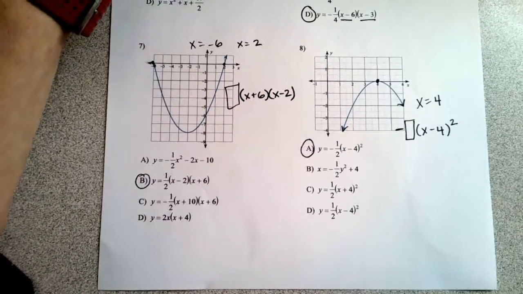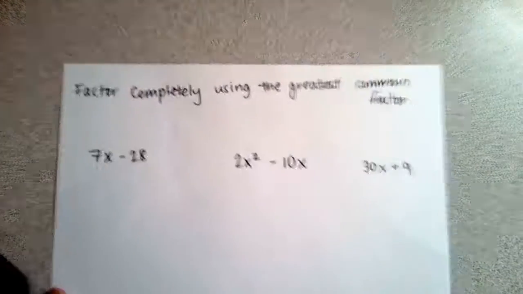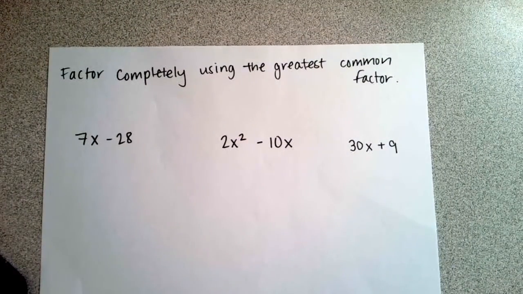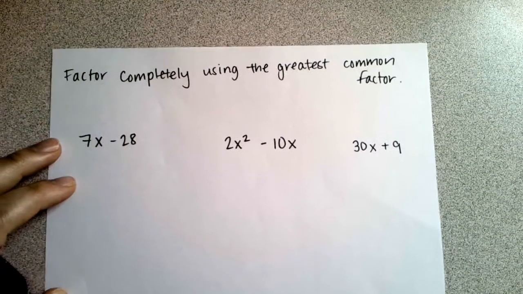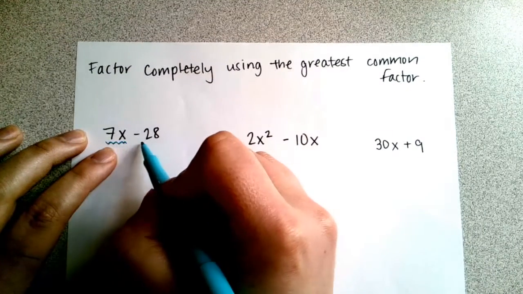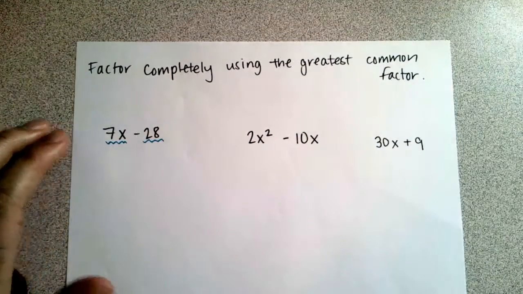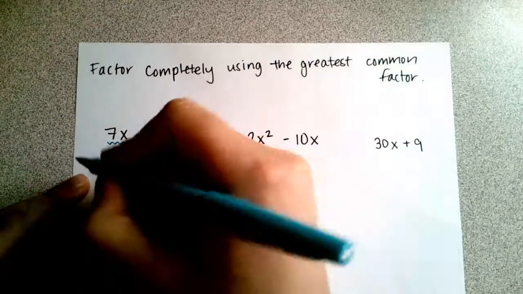The last part of your homework is factoring using the greatest common factor. This is a review. So these are factoring problems that look kind of like this, where what you need to ask yourself is, looking at this first problem, is there something that you can divide both of these terms by? And to me it looks like I can divide them both by 7.